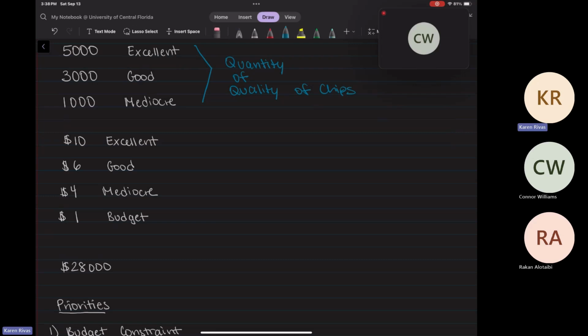And that goes the same for the good and mediocre chips as well. So $6 of a penalty for the good chips that aren't met, and a $4 penalty for the mediocre chips that are not met. So this is the penalty cost per chip that does not meet the requirements.